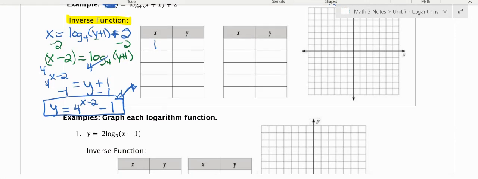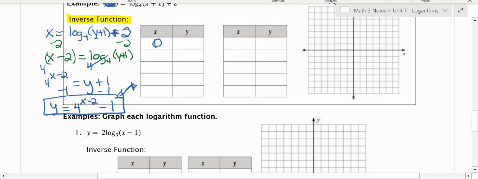So if I copy these values back down, I'm going to have here 0 and negative 0.94, 1 and negative 0.75. I had 2 and 0.